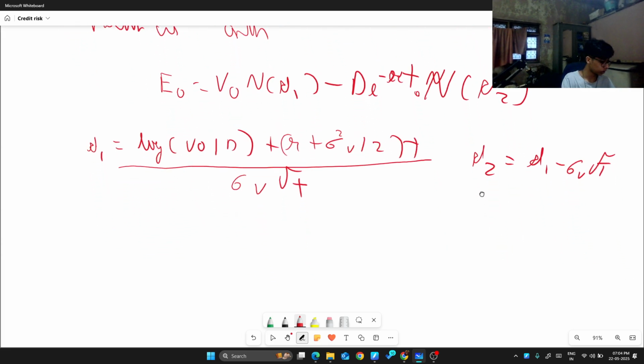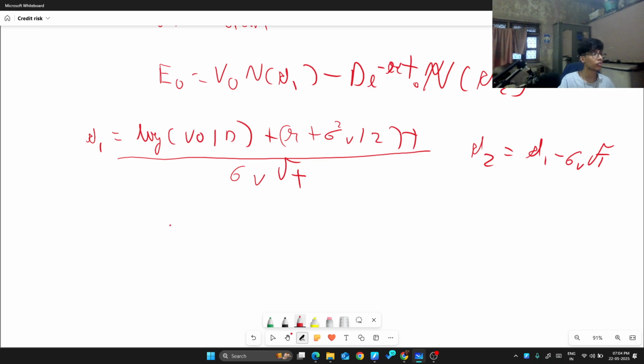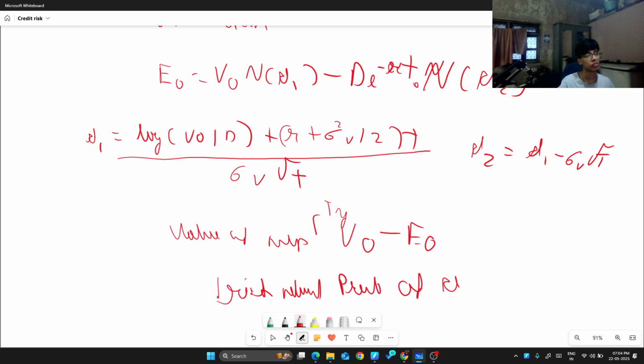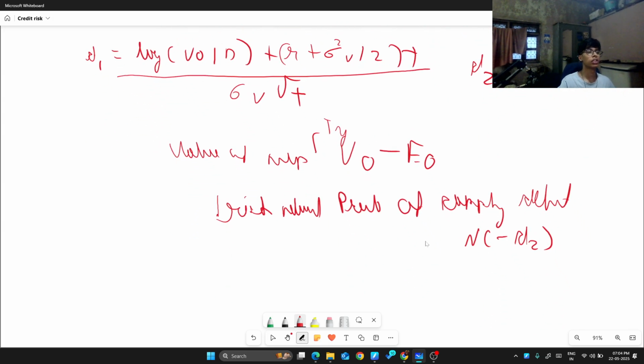That's our BS formula, and so our value of debt today would be V0 minus equity 0, and the risk neutral probability that the company will default is N(minus d2). That's the hazard rate or risk neutral probability.